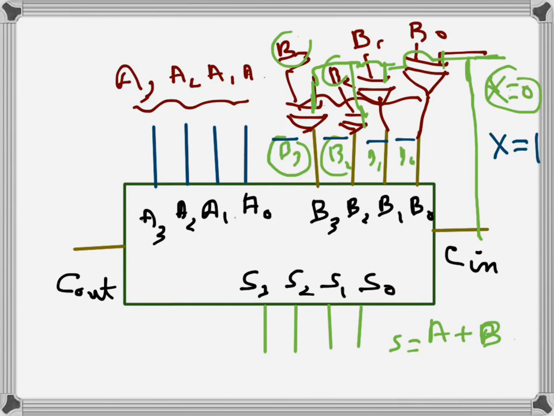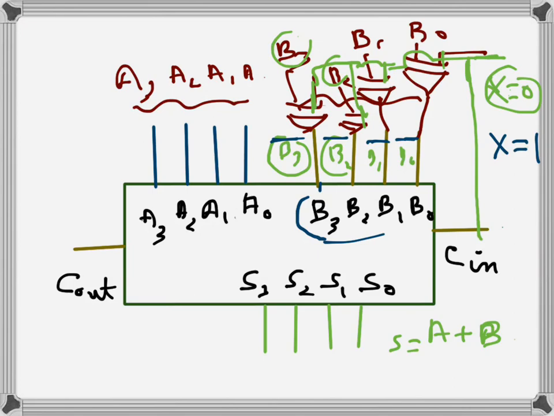So when X is equal to 1 instead of 0, B's are inverted here, and then also carry in is 1. So here we have the 1's complement, and then this C in is also being added, because it's being added with A and B together.